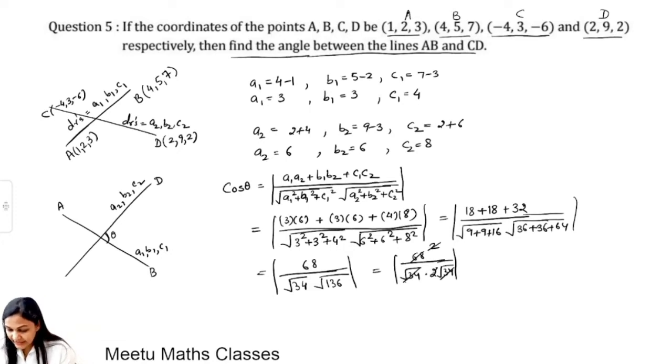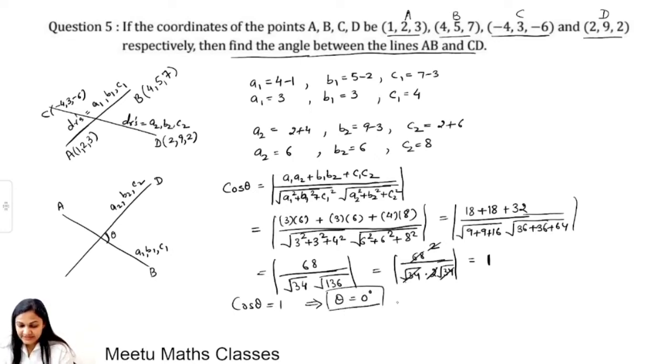Now 2 will cancel out and we will get cosine of theta equal to 1, which gives theta equal to 0 degrees. So the angle between the two lines AB and CD is 0 degrees.